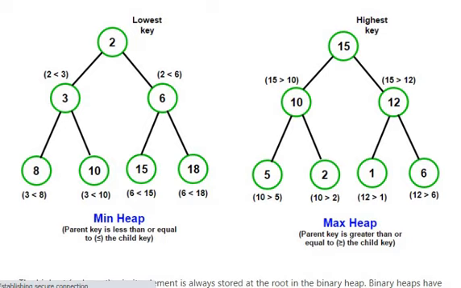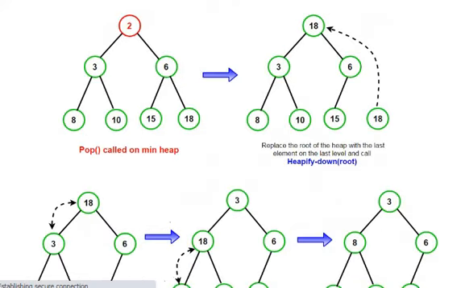So here we have an example of min heap and max heap. So we have a simple example in min heap, and we call the pop. So 2 is deleted.